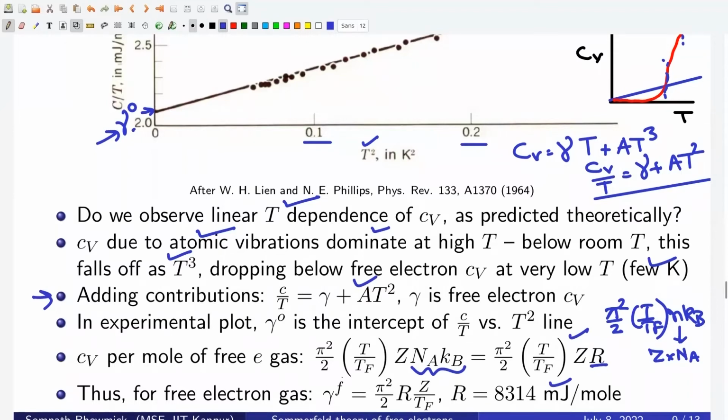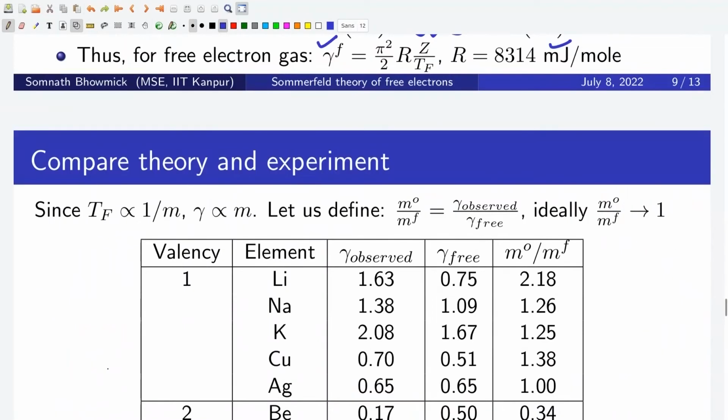Thus, for free electron gas, we can define gamma F equal to this. Now we are going to compare gamma O, that is the gamma observed from the experiment, and gamma F, the theoretical prediction. Let us compare gamma F and gamma O, the theoretical and experimental value.